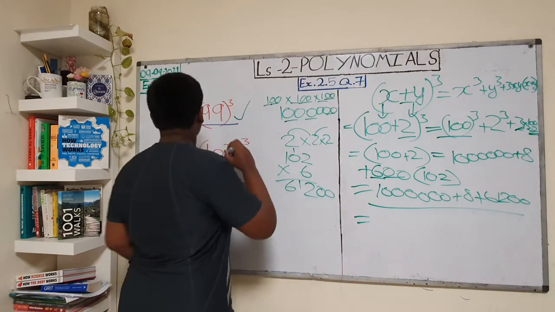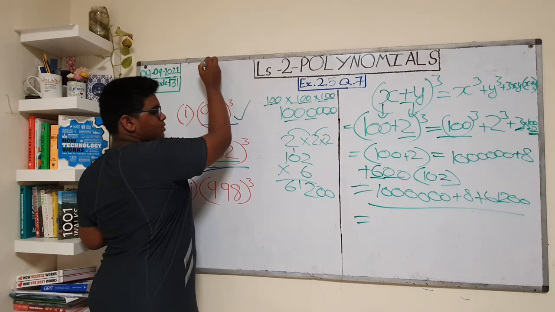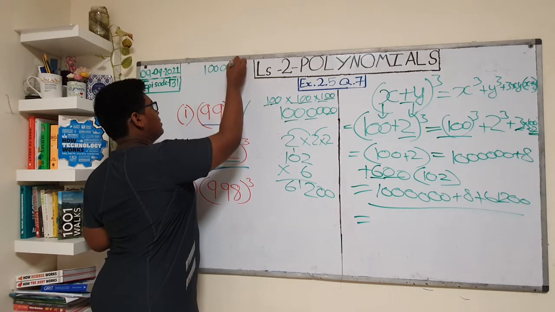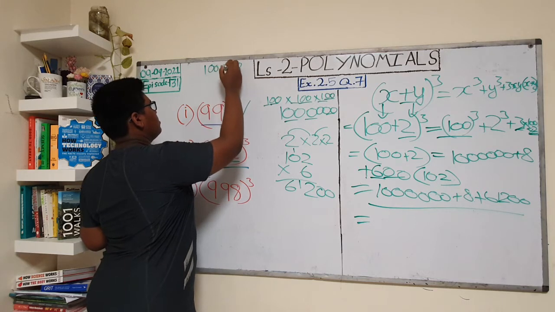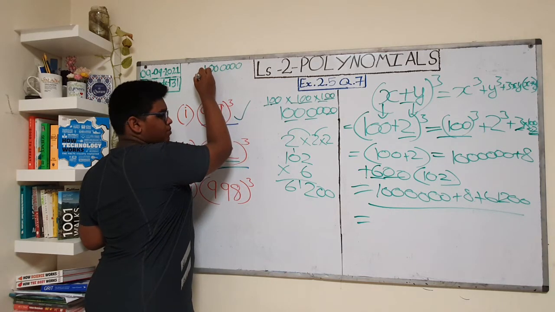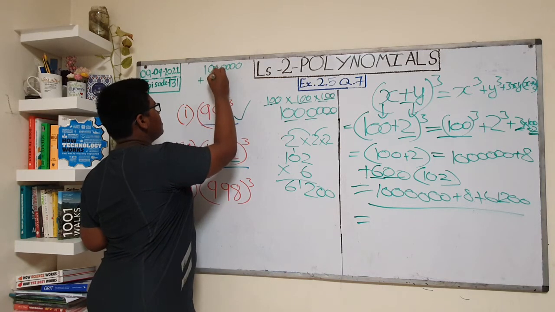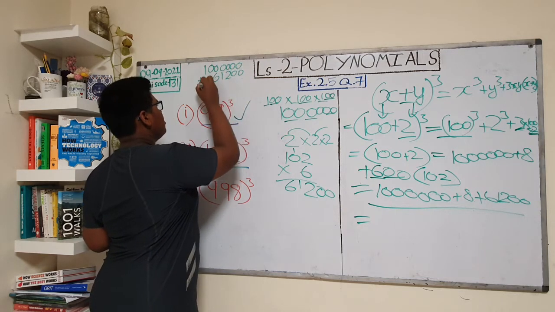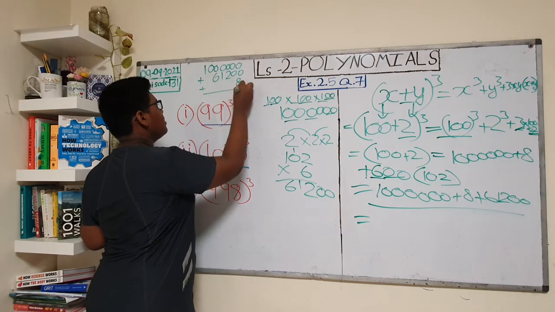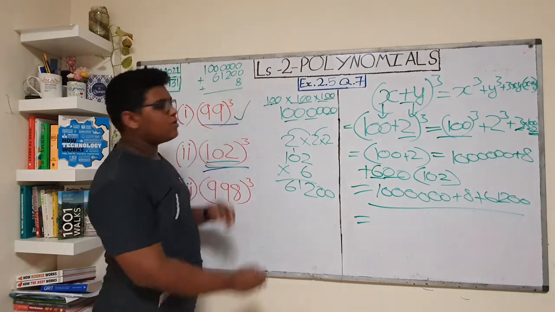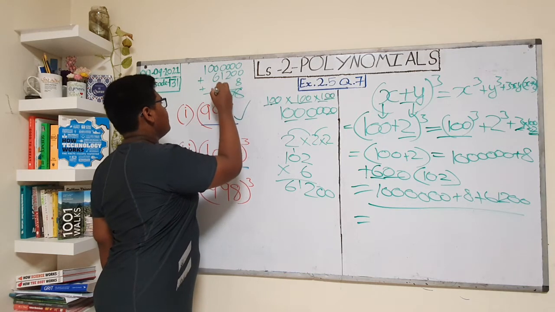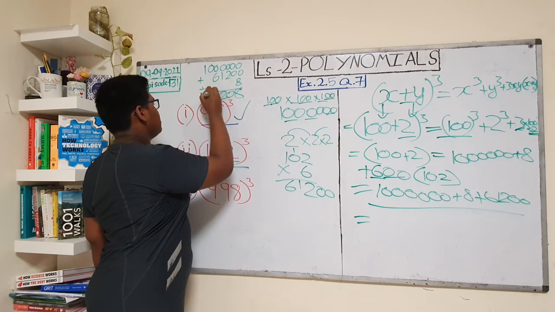Now let me rewrite the number. Then plus 8. Now 0 plus 0 plus 8 will be 8 and nothing else, so we will write everything as it is.